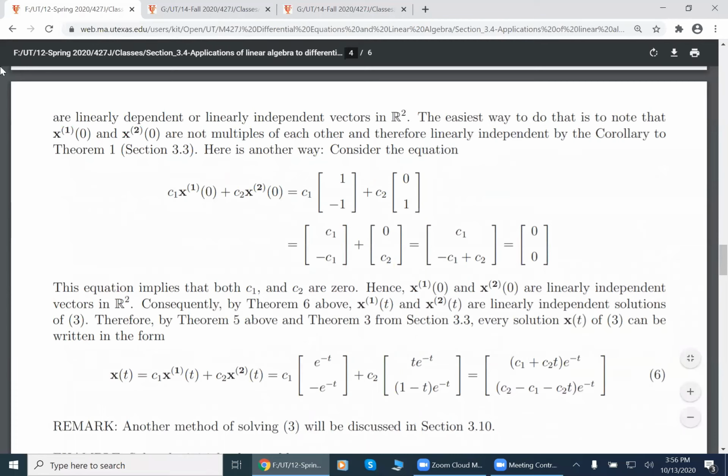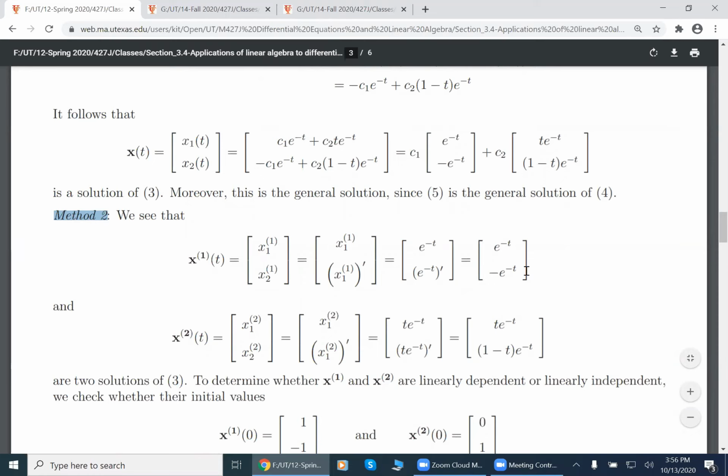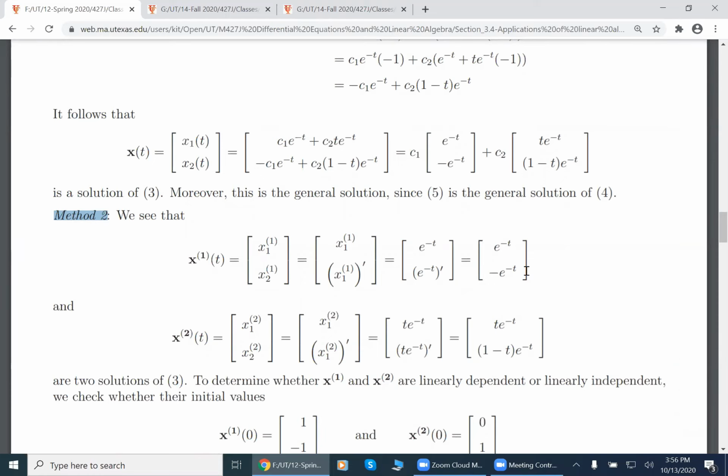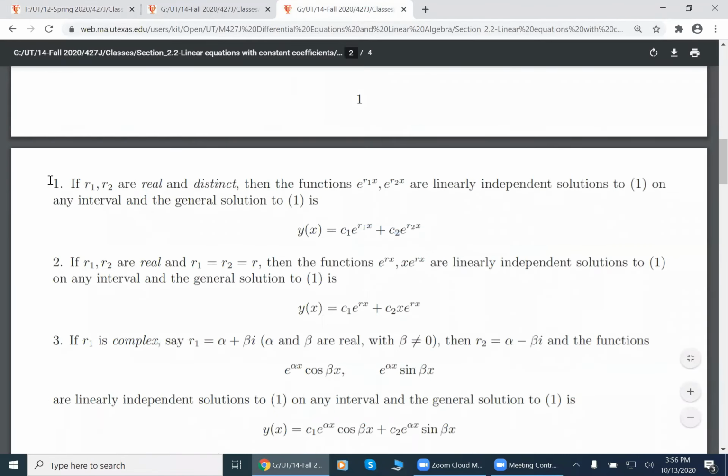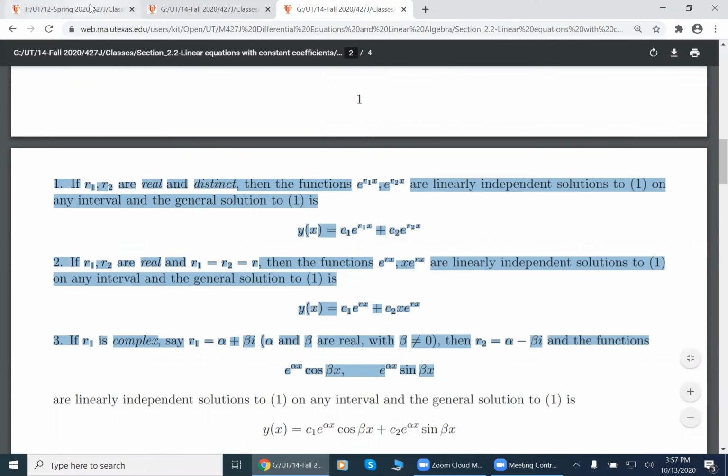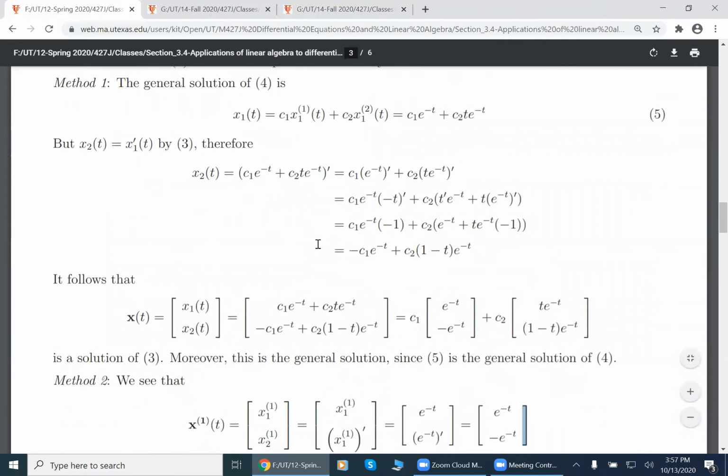Folks, any questions here? Yes. So if you do method 2, and let's say you get it's linearly dependent, what would you do? Well, great question. In short, if you apply this theorem, you will always get linearly independent solutions.